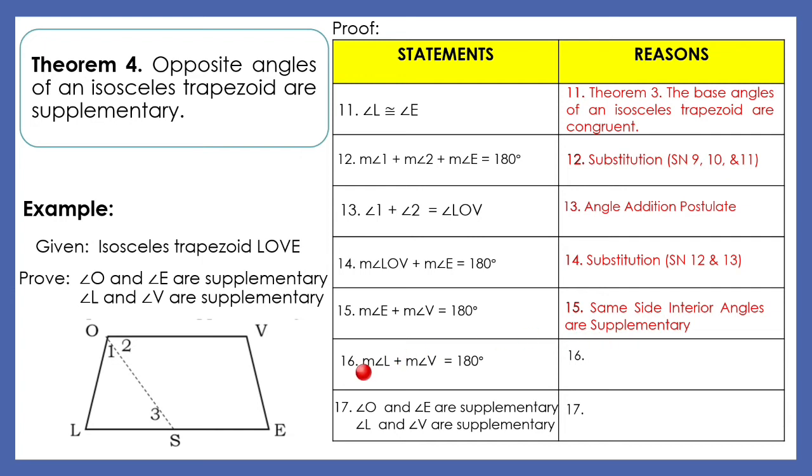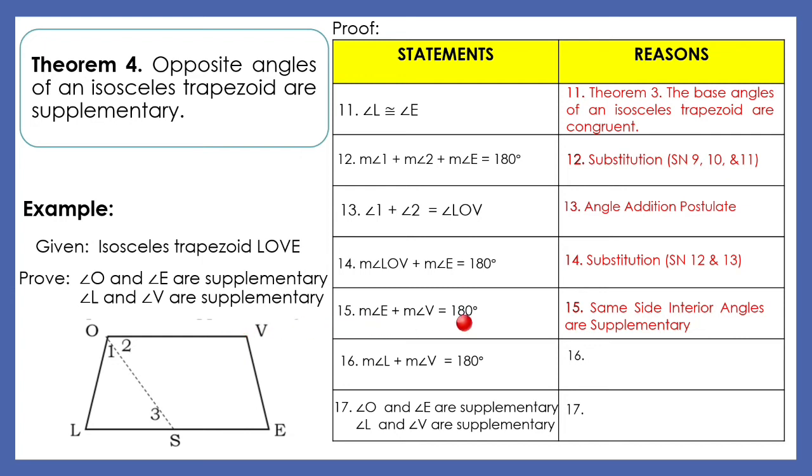For number 16, our statement is the measure of angle L plus measure of angle V equals 180 degrees. So, this is our angle L and this is our angle V. So, they are equal to 180 degrees. So, paano nangyari yon?